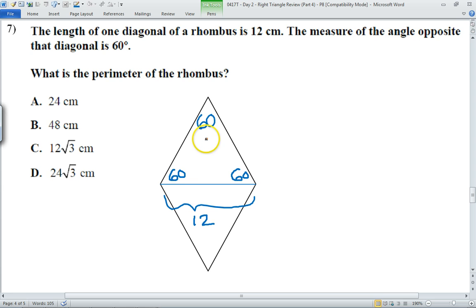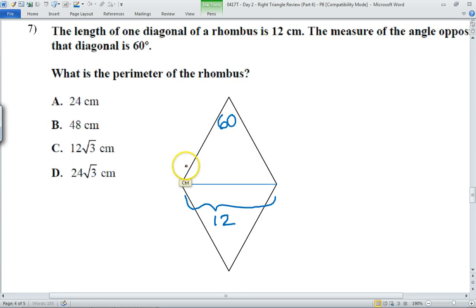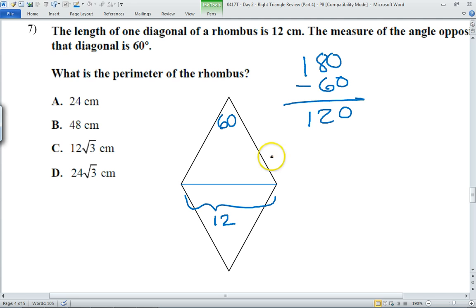One more time. I know this is an equilateral triangle because, let me go back in time. They gave me the 60. The total degrees in a triangle is 180. So if I did my 180 minus 60, that leaves 120. But I have to take that 120 and share it equally between the remaining two angles.